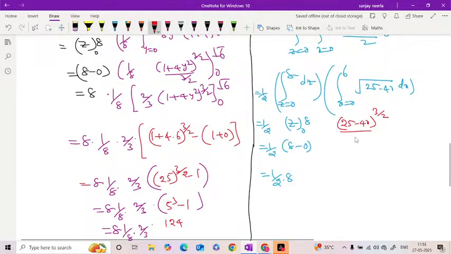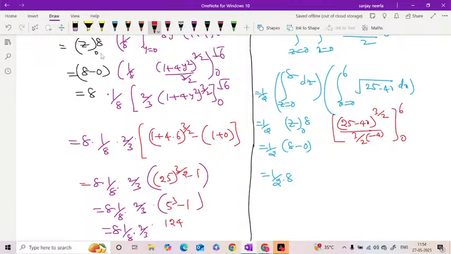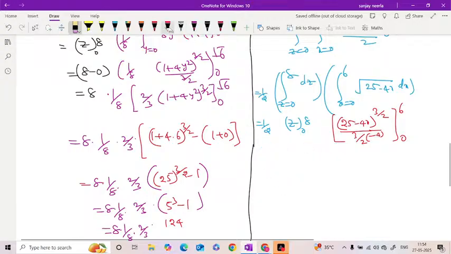The derivative of 25 minus 4x is minus 4, and the limits are 0 to 6. So 2 by 3 into minus 4.